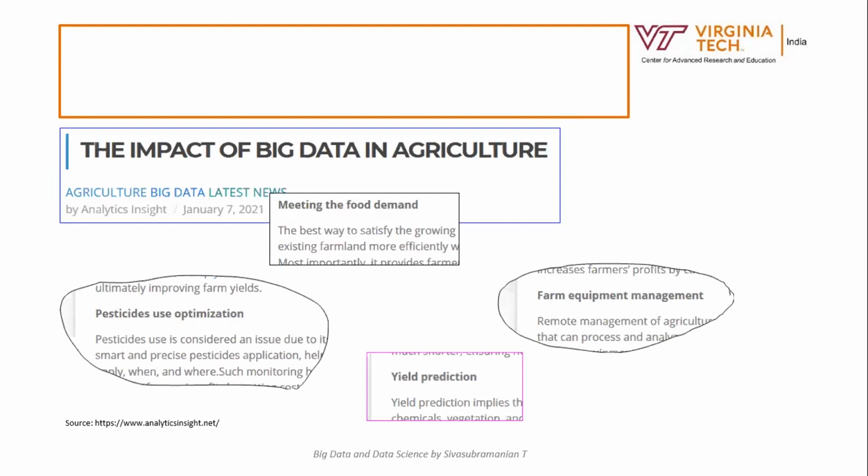Talking about the financial usage of big data, I'll give you an example. You get a transaction alert if it's not genuine. For example, you are going to use your Visa card today, somewhere in Hyderabad, to pay for a purchase in a store.